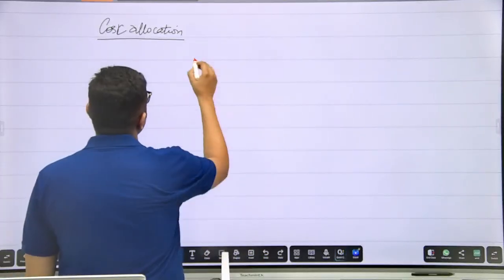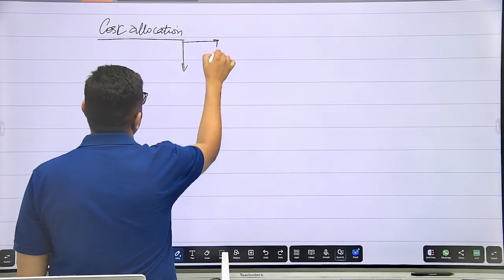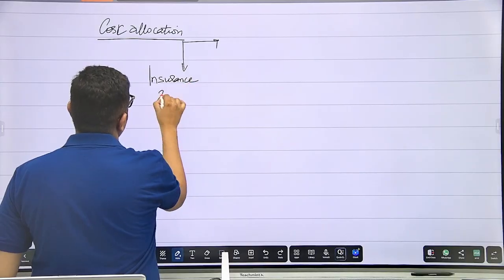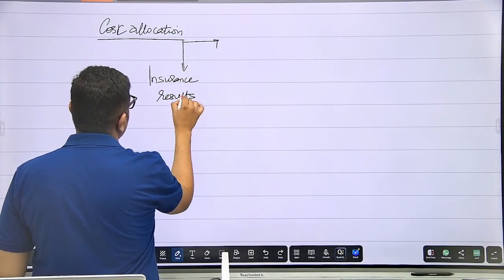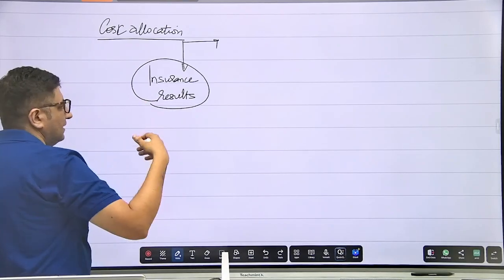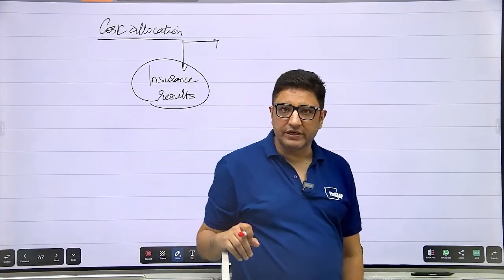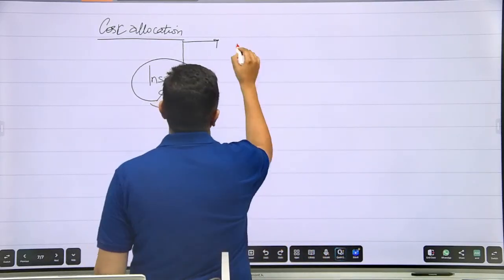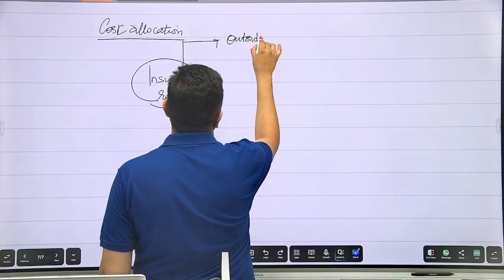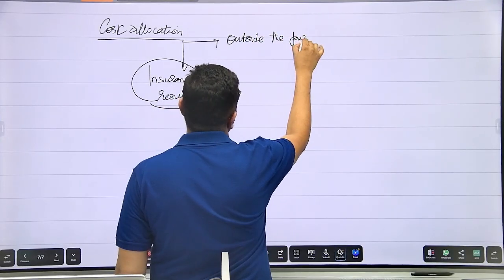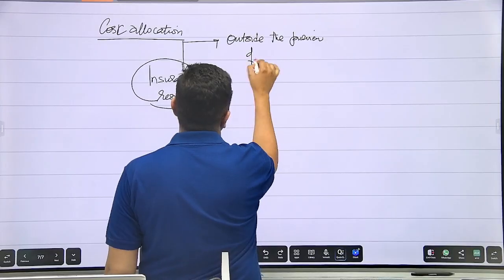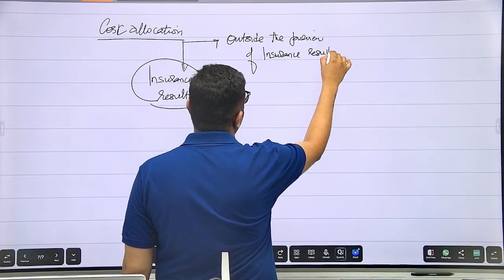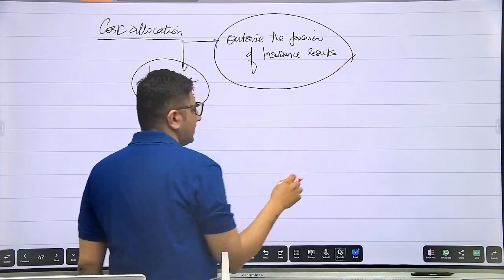We're saying whether these costs are a part of the insurance business, which would directly have an impact on the overall insurance results or insurance service results, or these are outside the purview of insurance results. Now, what does it mean?